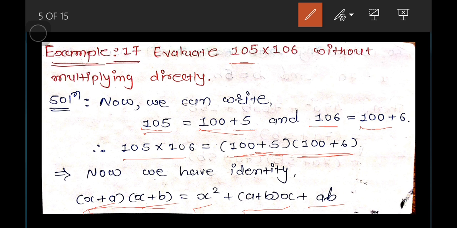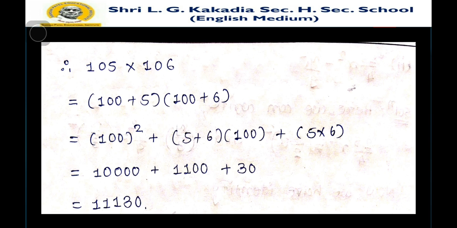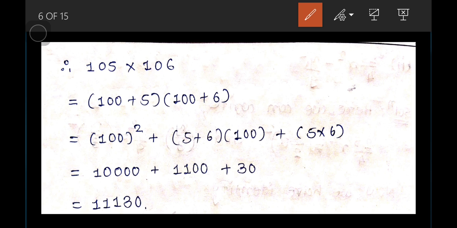So we can select x as 100, a as 5 and b as 6, and put these values in this expression. Here you can see that we have not multiplied this product directly, but we have used identities to find this multiplication.